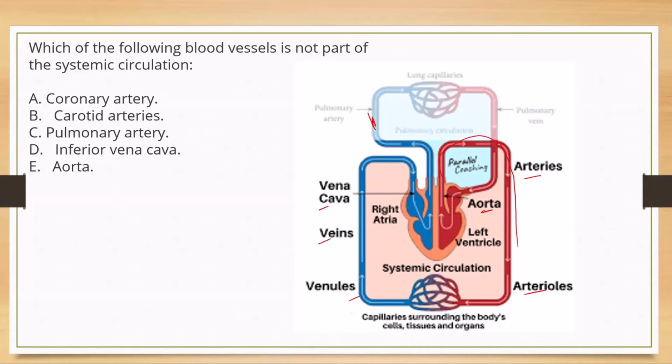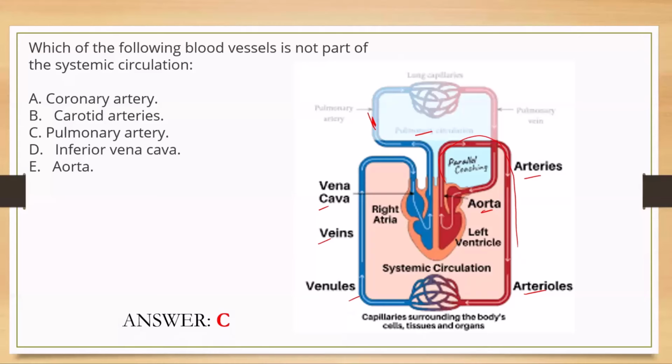The pulmonary artery is involved in the pulmonary circulation, not the systemic circulation. It is the lesser circulation, or the low pressure circulation. That is why your best answer will be C, pulmonary artery. It is not part of the systemic circulation.